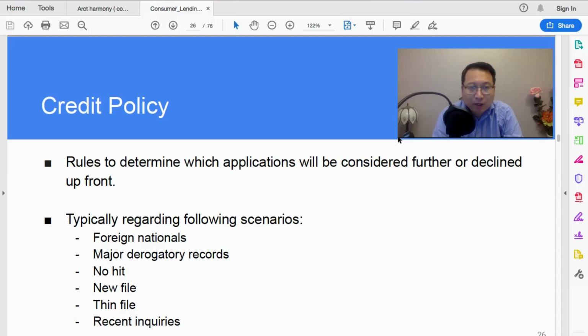However, if the bank is a subsidiary of an international bank, most likely it will allow foreigners, especially from its host country, where the headquarters is located, to obtain a certain credit.